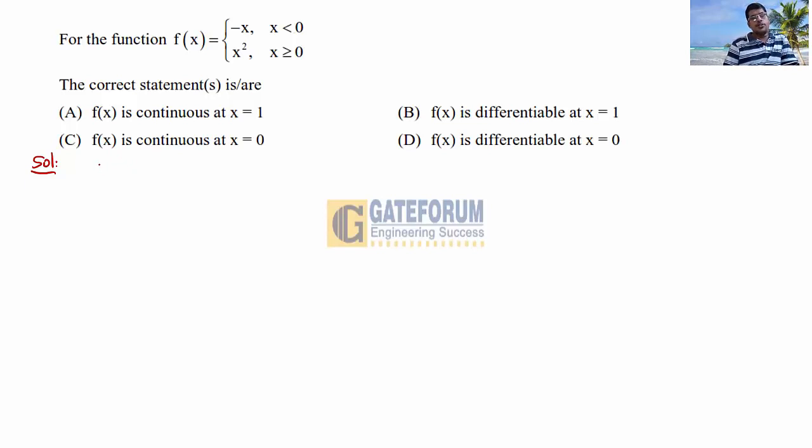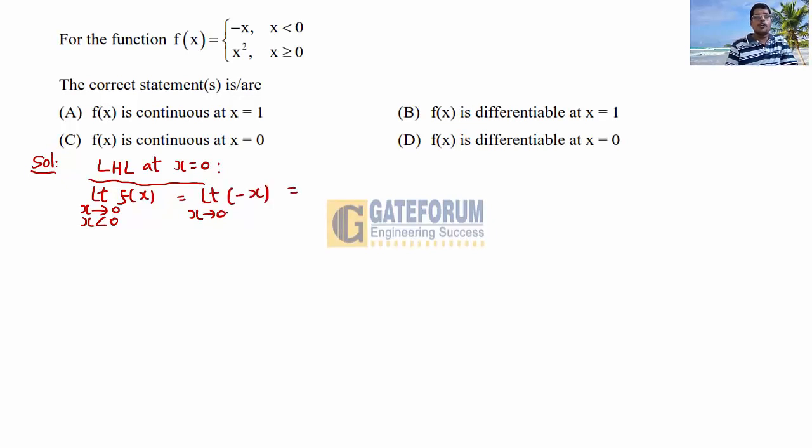So, according to the limits procedure, for proving continuity and differentiability at a point 0, we use left hand derivative, right hand derivative, left limit, right limit, etc. LHL, that is left hand limit at x equal to 0: limit x tends to 0, x less than 0, f of x. When x is less than 0, the corresponding f(x) is minus x. This is a polynomial function, direct substitution gives 0.